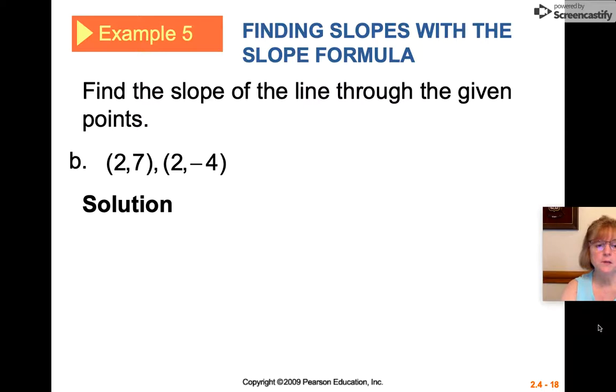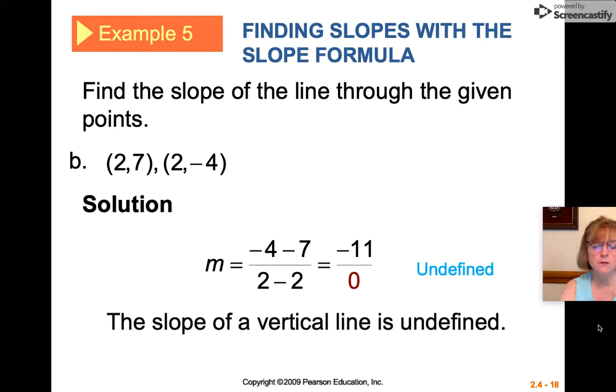How about this example? The difference of our y's over the difference of our x's. So the difference of our y's, you see, is negative 11. The difference of our x's is 0. So what you notice is that when you calculate this, you get a 0 in the denominator.